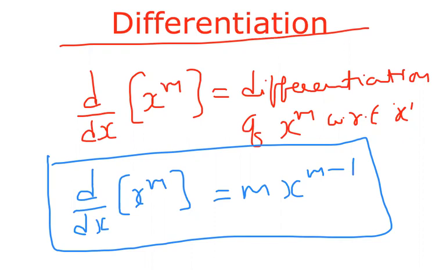Now how to apply this formula for different situations, we have to observe. Differentiation of x power m with respect to x. Let me take some basic examples first, that is d by dx of x square.